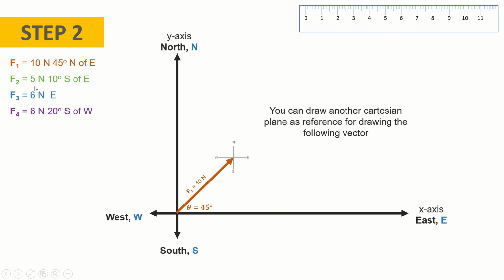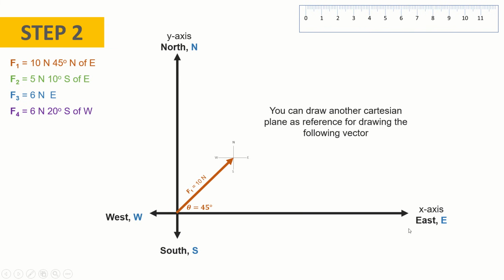Vector number 2 is 5 newtons, 10 degrees south of east. Where is the south of east? The south of east of this new, smaller Cartesian plane is here. We need to measure 10 degrees with respect to the east line of this Cartesian plane.